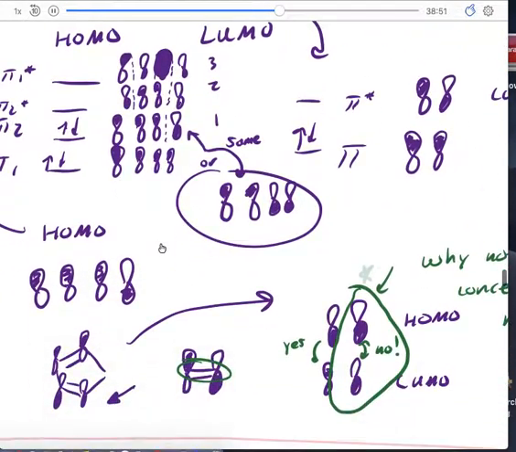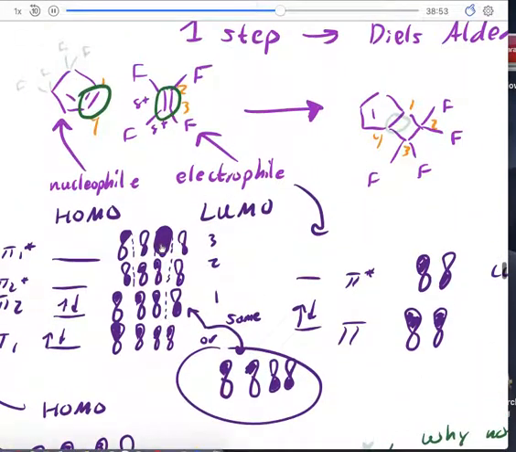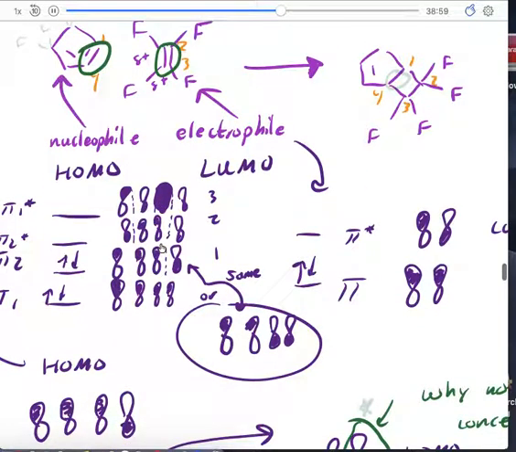Let me think. I see what you're saying. Because the whole premise of it not being concerted is that you have those two pi bonds out of phase, but there were four pi bonds, and one of the sets wasn't. So I think those two pi bonds. Oh well.